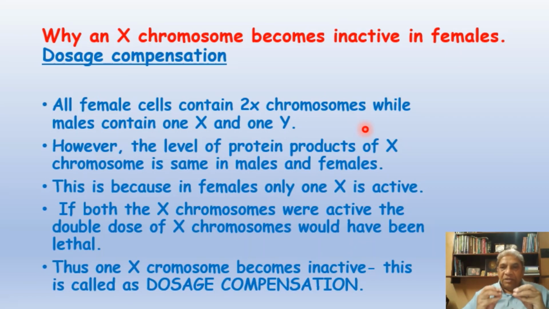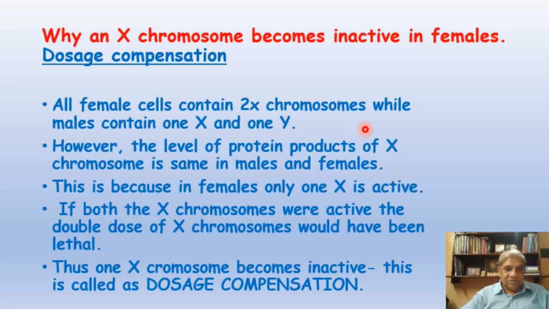This is because in females, of the two X chromosomes, one is inactive as early as the 15th day of embryonic life. That's why both have the same quantity of protein produced by the X chromosome.